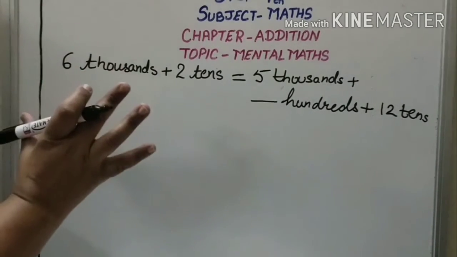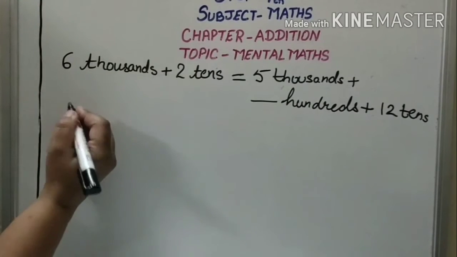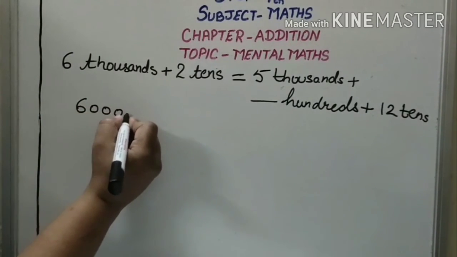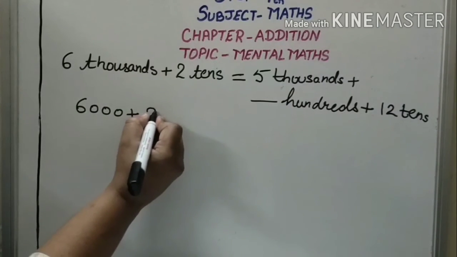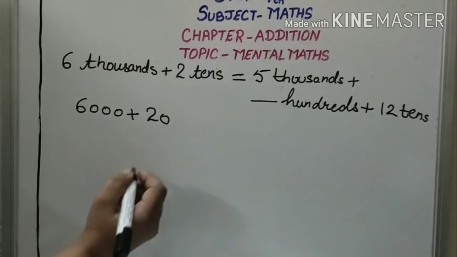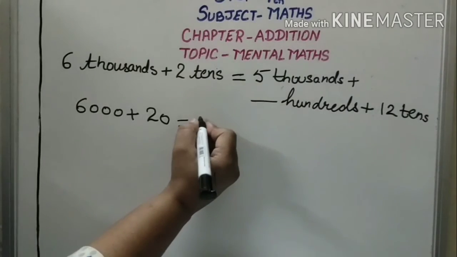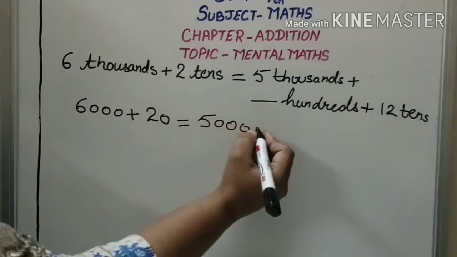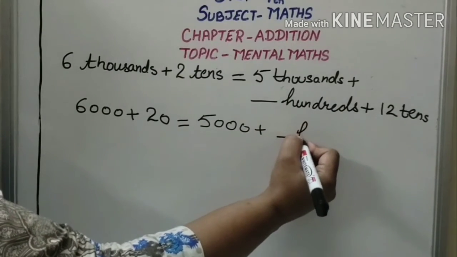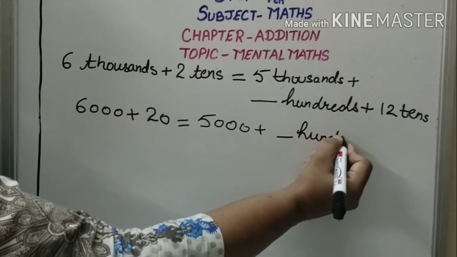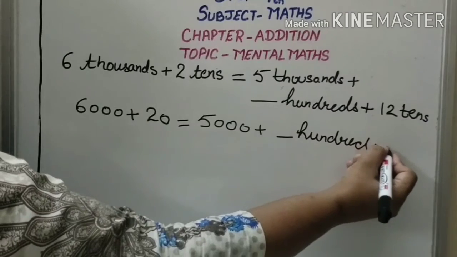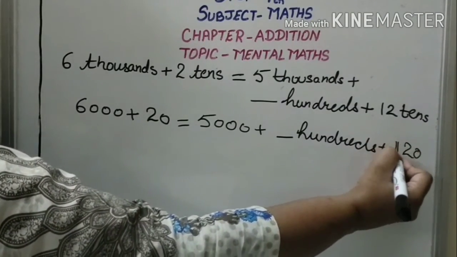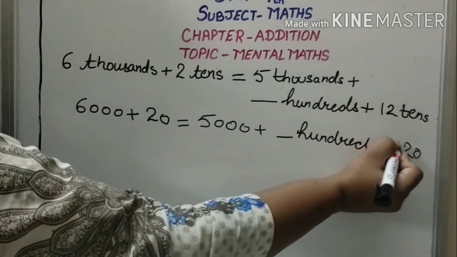What do you know about the question? 6000. तो पहले इसको नंबर फॉर्म्स में लिख लेंगे, ठीक है? 6000 plus 2 tens means 2 tens are 20 is equal to 5000 in numerical form plus fill up hundreds, okay, plus 12 tens are 120.